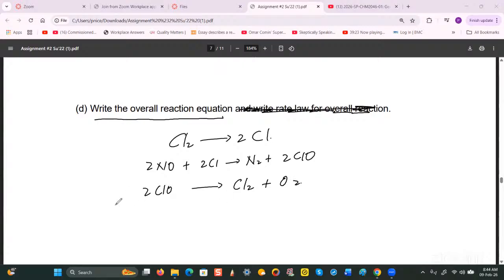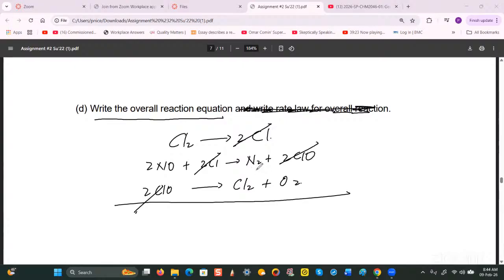Whenever you're adding equations together, and this is something you should have learned from your Chem 1, you cancel out those items that are common to both sides. In this case, these two chlorine atoms will cancel out here and here. These two ClOs will cancel out here and here.